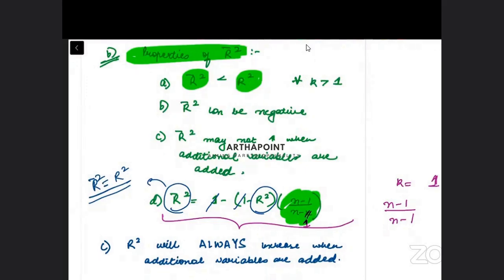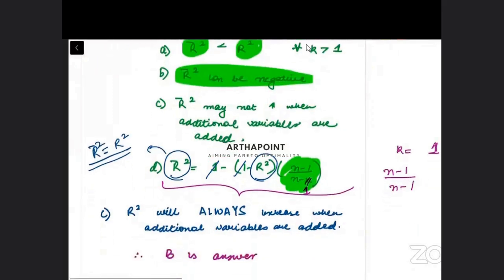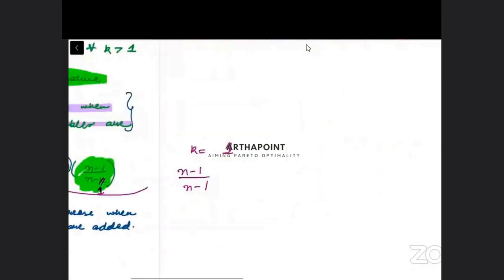The second property is that adjusted r square can also be negative. This is important. Acha. Then the third property is that r bar square may not increase when additional variables are added. Actually, r bar square is supposed to give a penalty for adding additional variables.